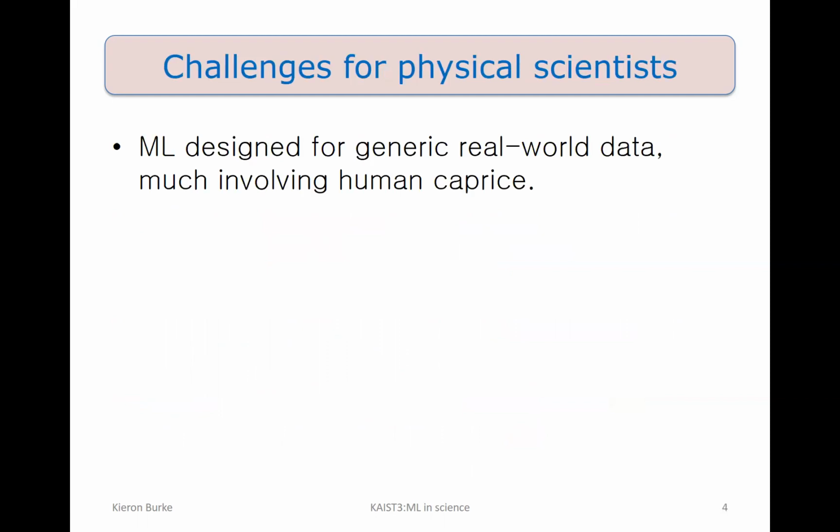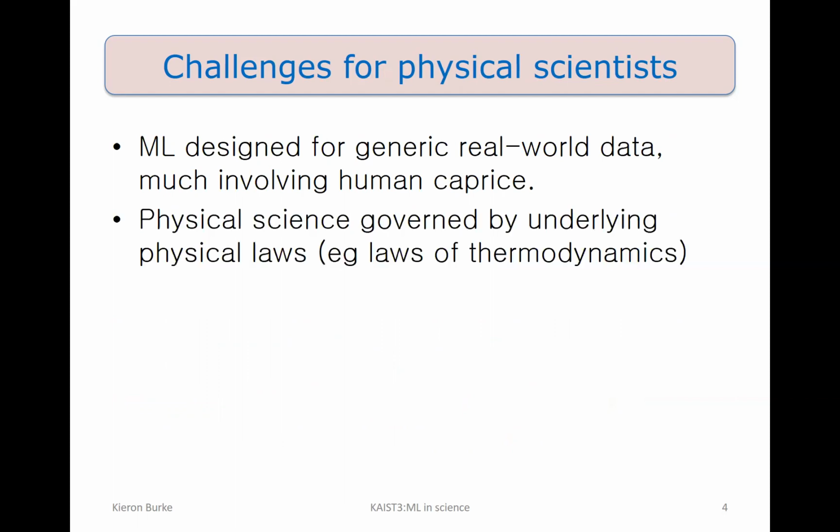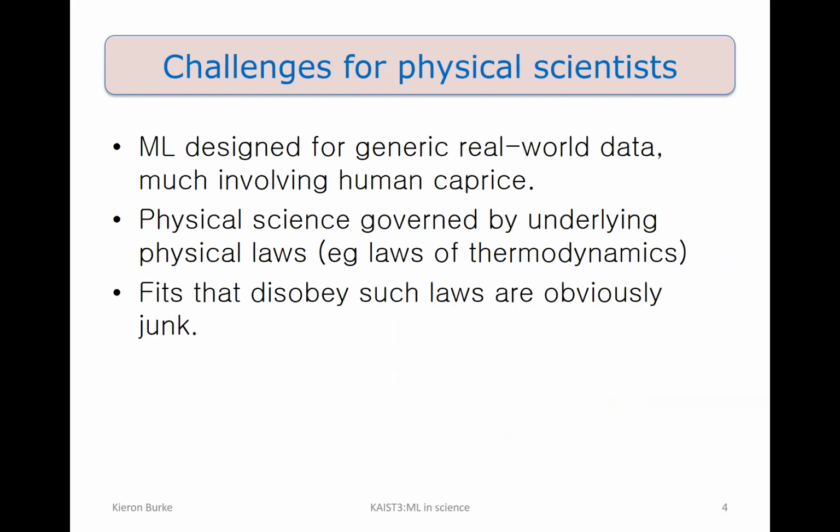So the important thing is challenges for physical scientists who want to use machine learning, right? It's really designed for very, and sometimes much more complicated, data sets than we have. And in physical sciences, you have underlying physical laws. And of course, your algorithms don't know those laws typically. Whenever you do either experiments or theory, you know when something is wrong with some data you're being shown because you can figure out it violates one of those laws.